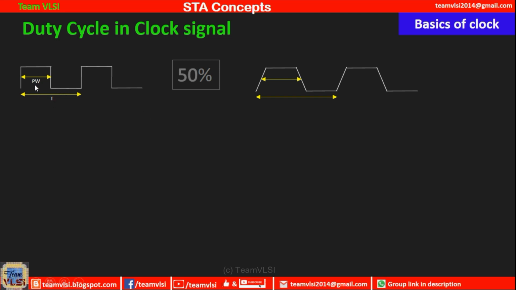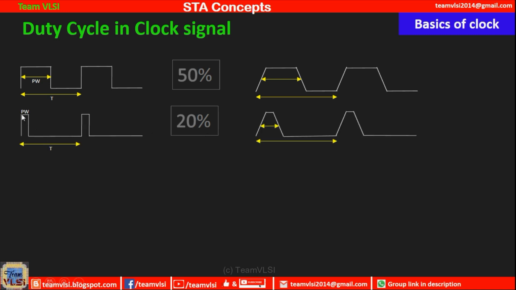In this case, if it is symmetrical, that is, for 50% of the time the clock is high and for 50% of the time the clock is low, then your duty cycle will be 50%. And how will a 20% duty cycle clock look? The pulse width will be only 20% of the total period, so it will be a very narrow pulse width signal.